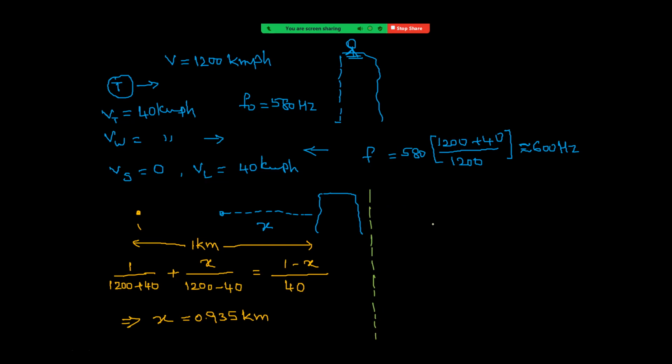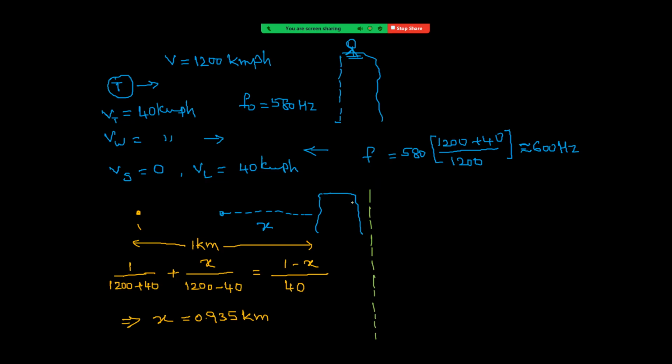In the first case, we got the frequency observed by the person sitting on the hill. Now that hill becomes a source and the driver becomes the listener.